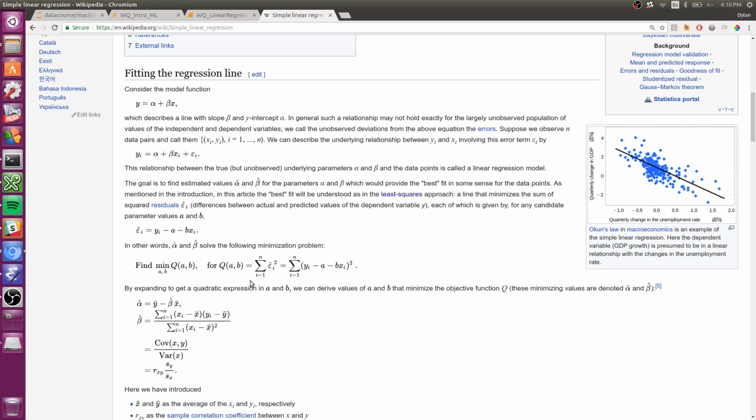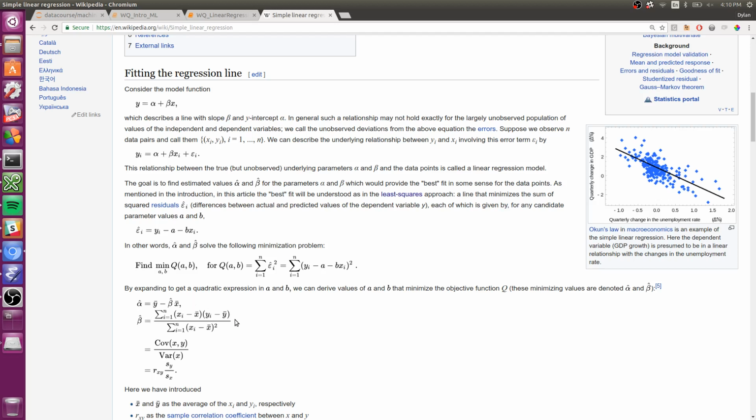And using some calculus, it's possible to find the minimum here by taking a derivative and setting it equal to 0 and then solving for a and b, which are given here as alpha hat and beta hat.